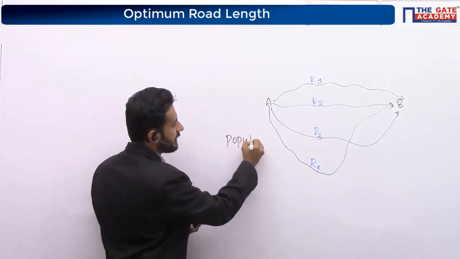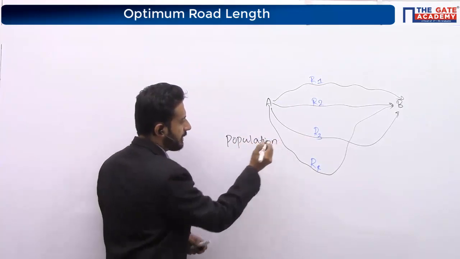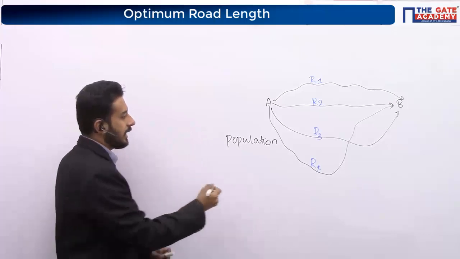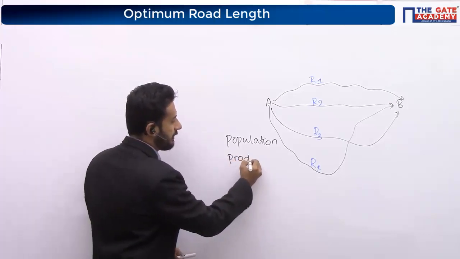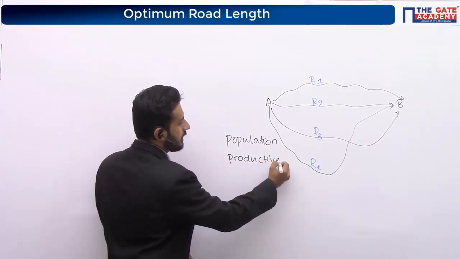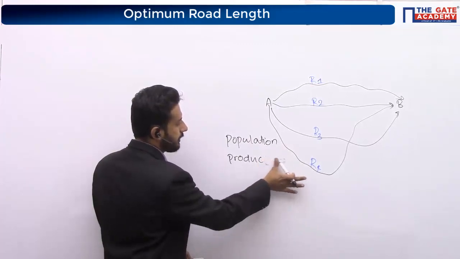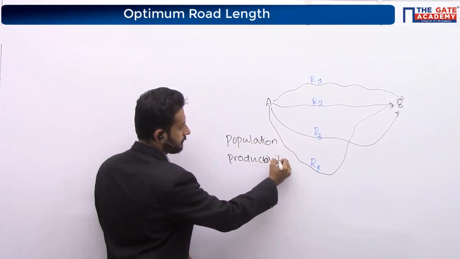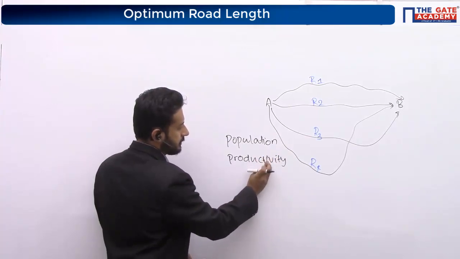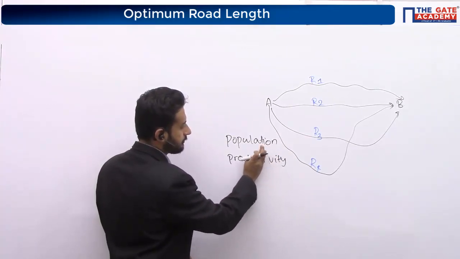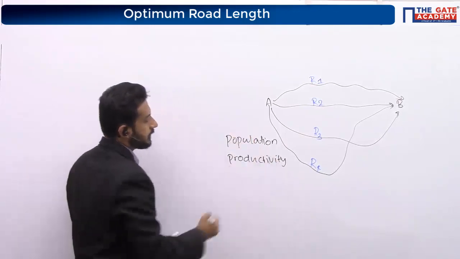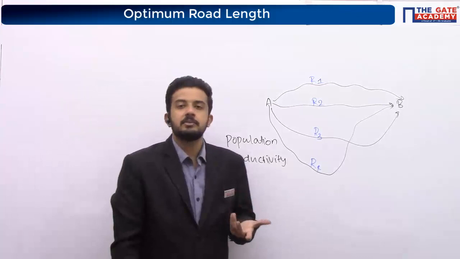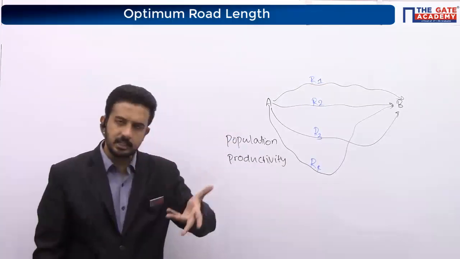What do you mean by service? In terms of how many people that road is serving and how much productive area. I will give the note, don't worry. Or I can tell it as productivity. So how much population it is serving and how much productivity, how much agricultural area it is serving.